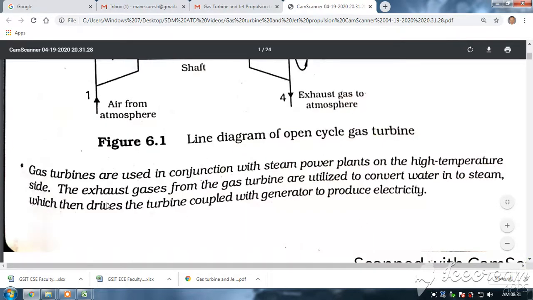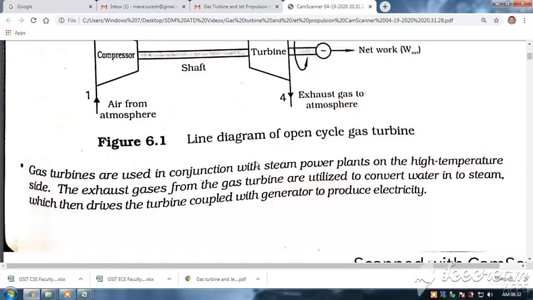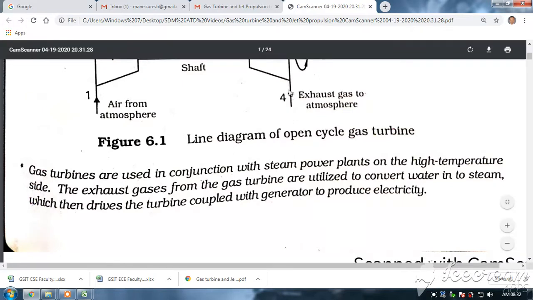So as I was telling, gas turbines are used in conjunction with steam power plants on the high temperature side, which is known as combined cycle power plants. The gas turbine will have high temperature, and the output of the gas turbine will go to the steam turbine. Instead of a boiler, this heat, still very hot, the exhaust from the gas turbine, will go to the steam power plant, because steam you will run at 300 to 500 degrees centigrade only.